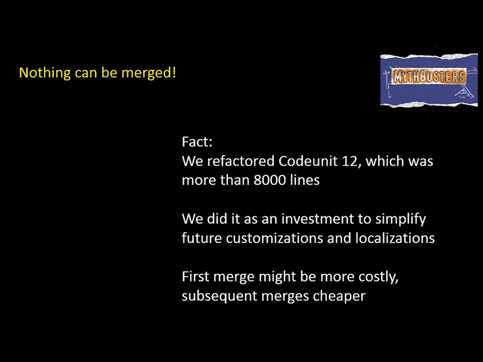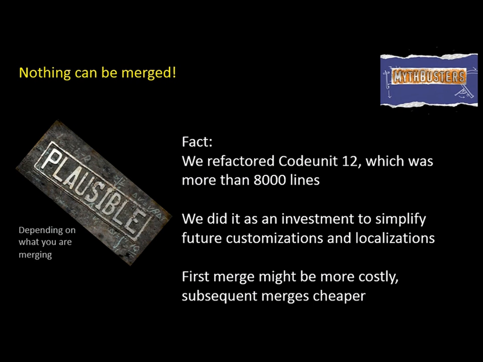Sorry for that, but we believe that moving forward, this was a good move, and it will actually remove a lot of pain moving forward. So I think it's plausible that nothing can be merged, depending on what you're going to merge. But the benefit, of course, is if you're new to NAV and you have to go into the old code units, you were completely lost for the first year or decade. Now you can actually make sense of what it does, so it should have some benefits and not just pain. So, plausible. Okay.